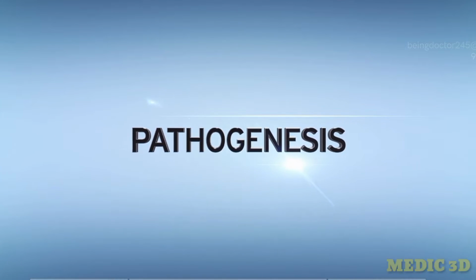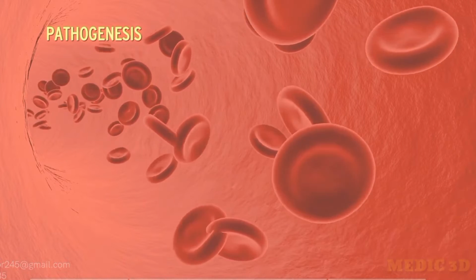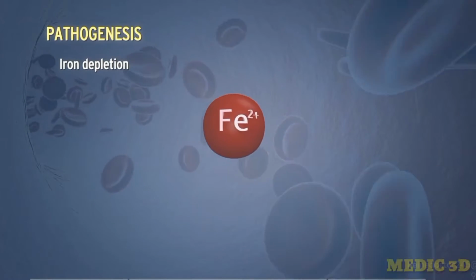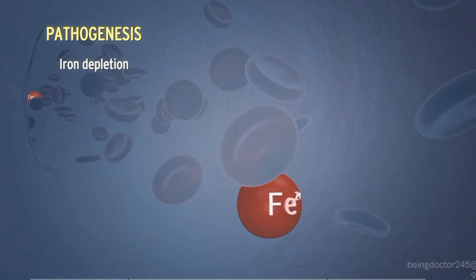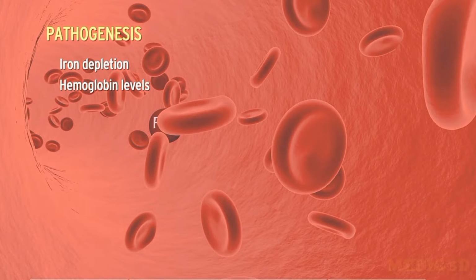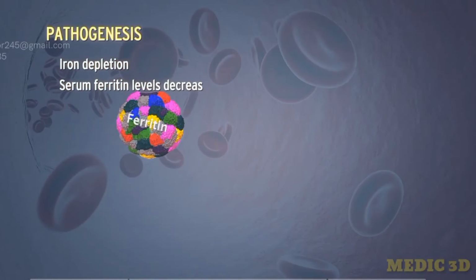Pathogenesis. There are 3 progressive stages of iron deficiency anemia. Stage 1. Iron depletion. In this phase of iron depletion, iron levels may be adequate and maintain the hemoglobin levels, but the serum ferritin levels decrease.